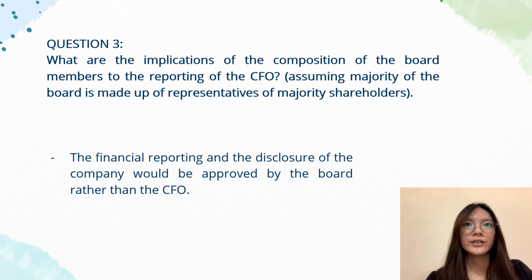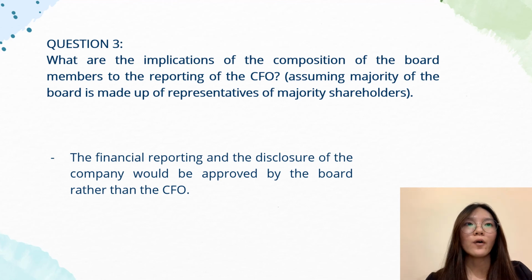Question 3. What are the implications of the compensation of the board member to the reporting of the CFO? The composition of the board determines how the company makes major decisions and approvals. The board usually has the right to final decisions on many issues, including the financial report requirements from the corporation.